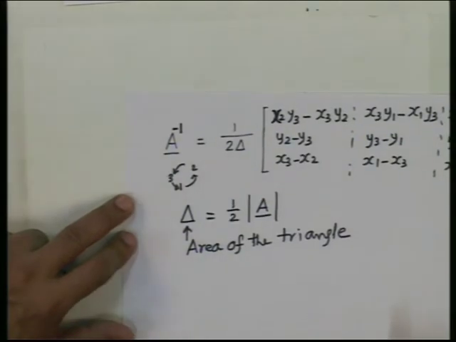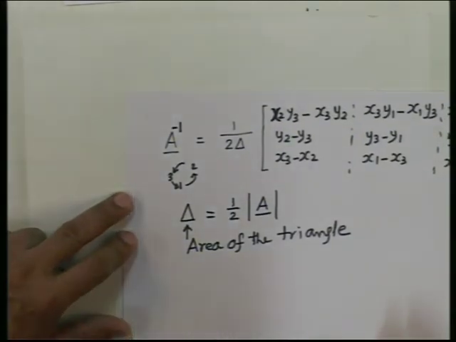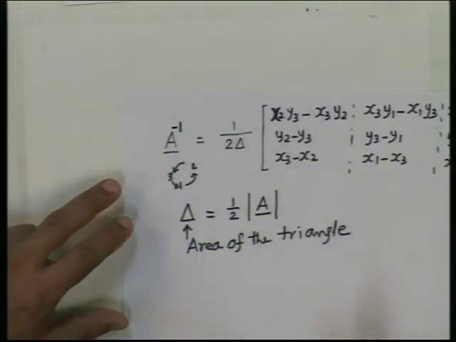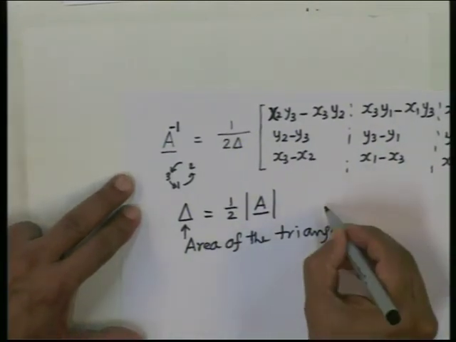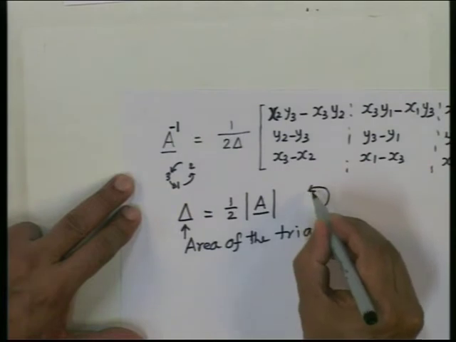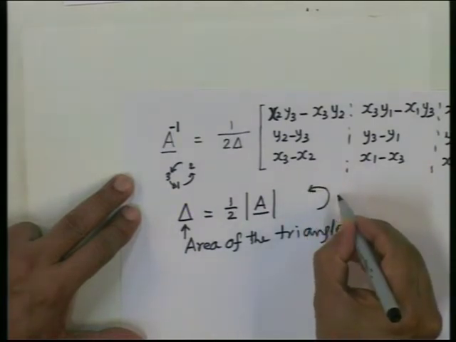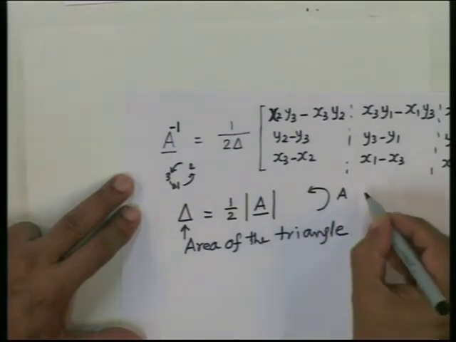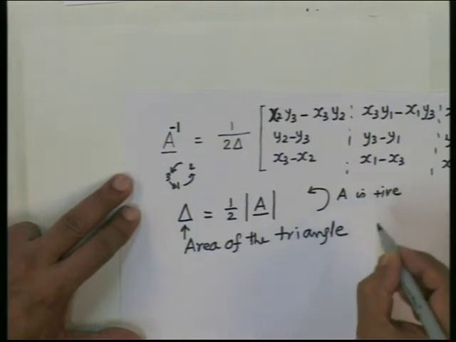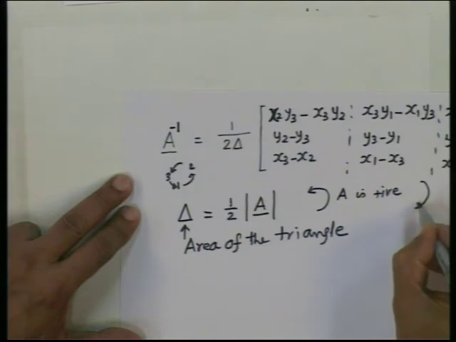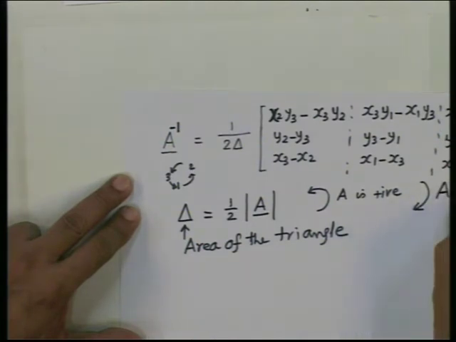Now, for numbering you have to follow a convention, because if you number anti-clockwise, the area will be positive, and if you do it clockwise, the area will be negative.